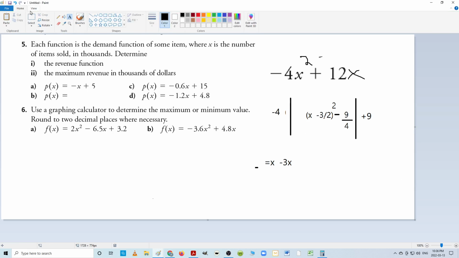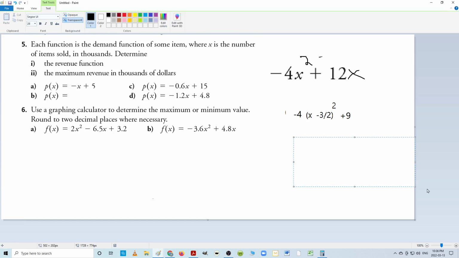Now I can get rid of all the brackets. Which means I have a maximum value of a vertex that's a max value of 3 over 2, which is 1.5, comma 9, which means I have to sell 1,500 products to make $9,000.